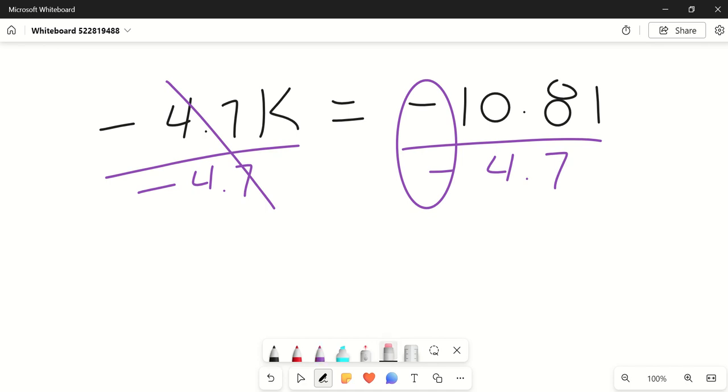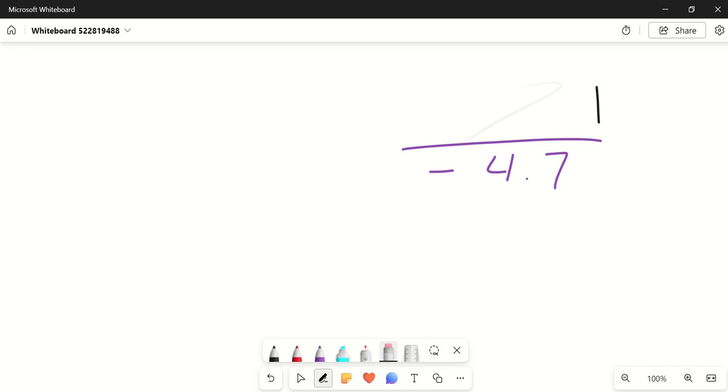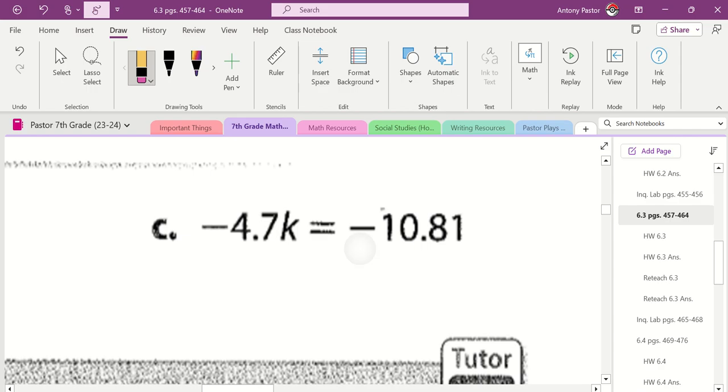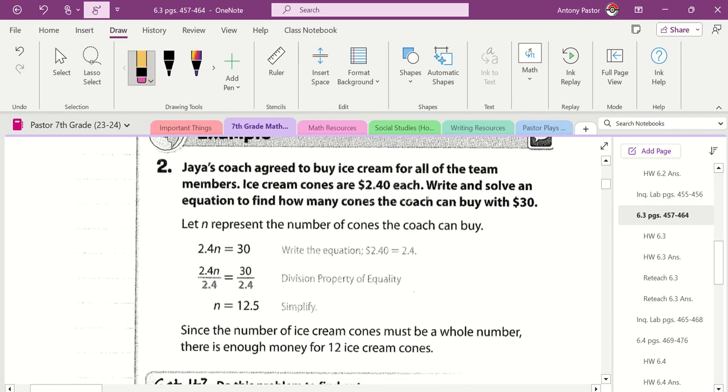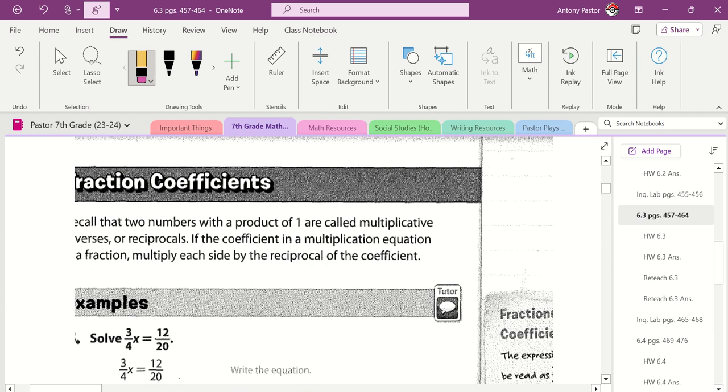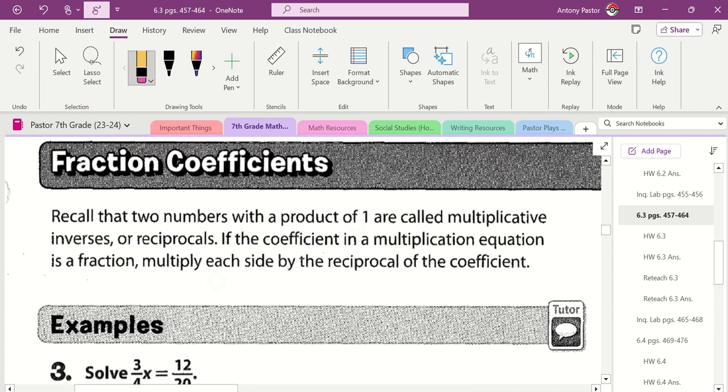Okay. And then we're going to do one other vocab term for today, and that is fraction coefficients. You're going to want to write this word for word in your notes, but I'm going to explain what it means in kid speak because that first sentence sucks. Recall that two numbers with a product of 1 are called multiplicative inverses or reciprocals.